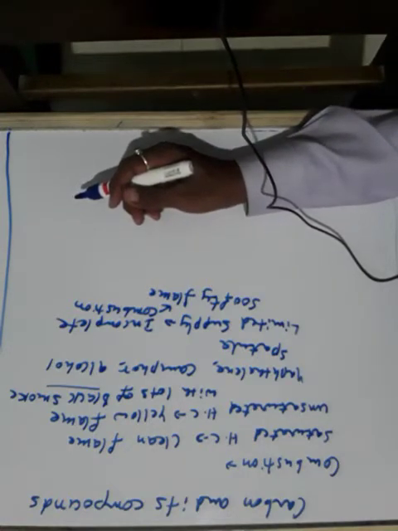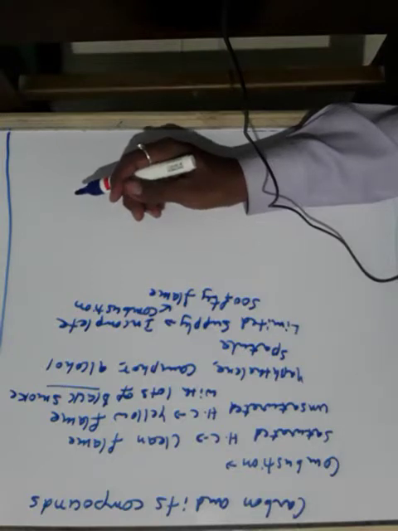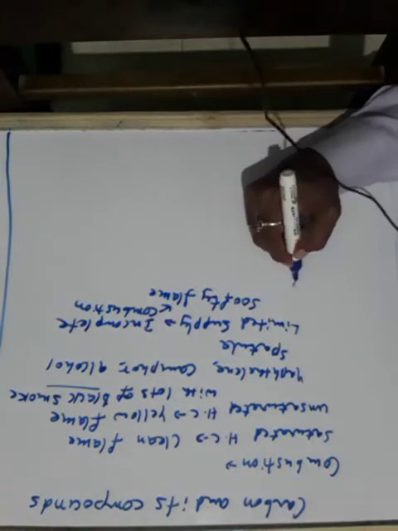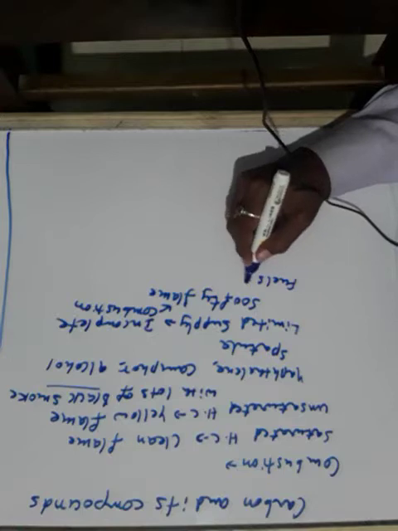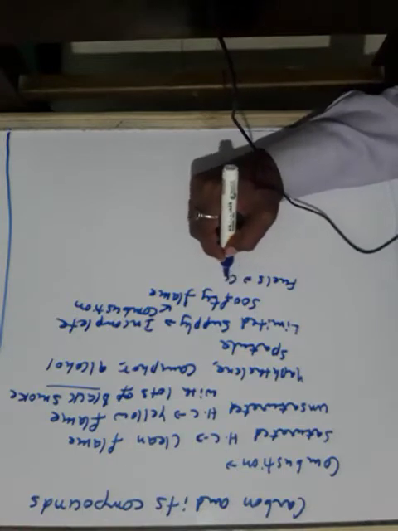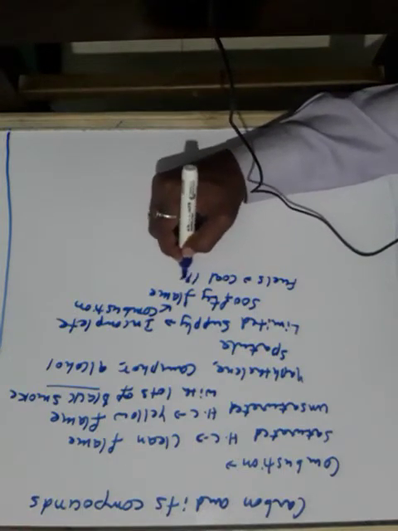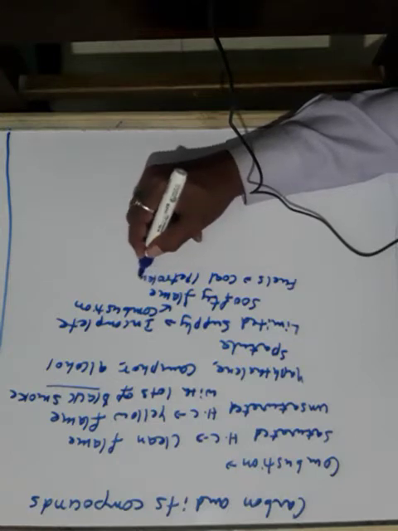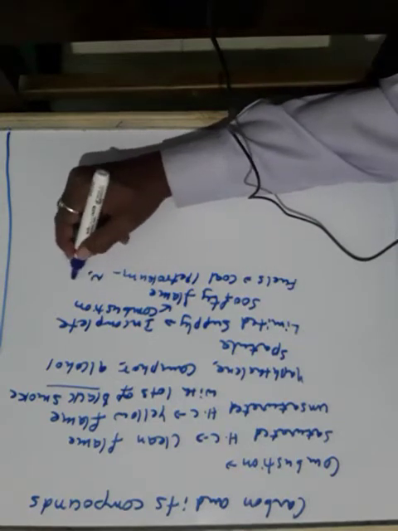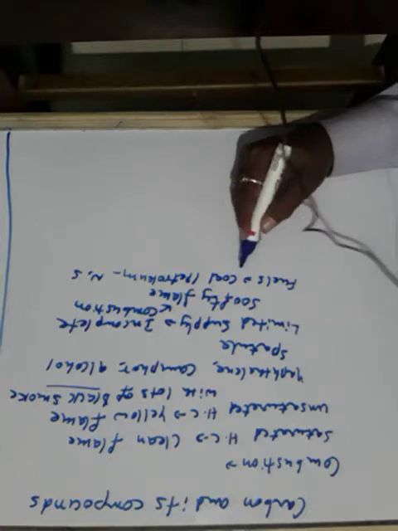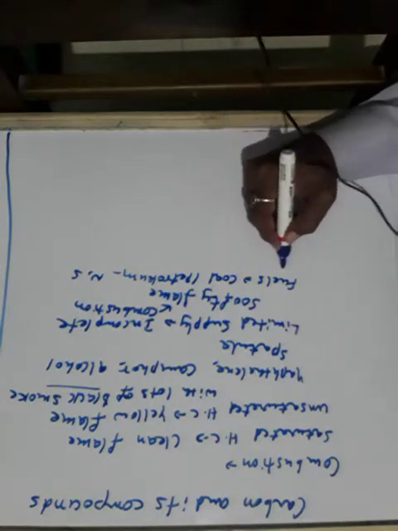Fuels such as coal and petroleum have some amounts of nitrogen and sulfur. I told you already.